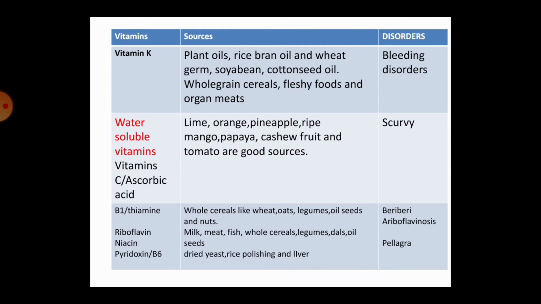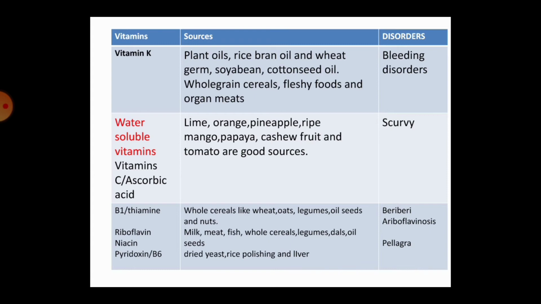And there are water soluble vitamins like C, B, etc. For vitamin C, lime, orange, pineapple, ripe mango, papaya, all yellow fruits, cashew nut, tomato are good sources. Deficiency leads to scurvy.